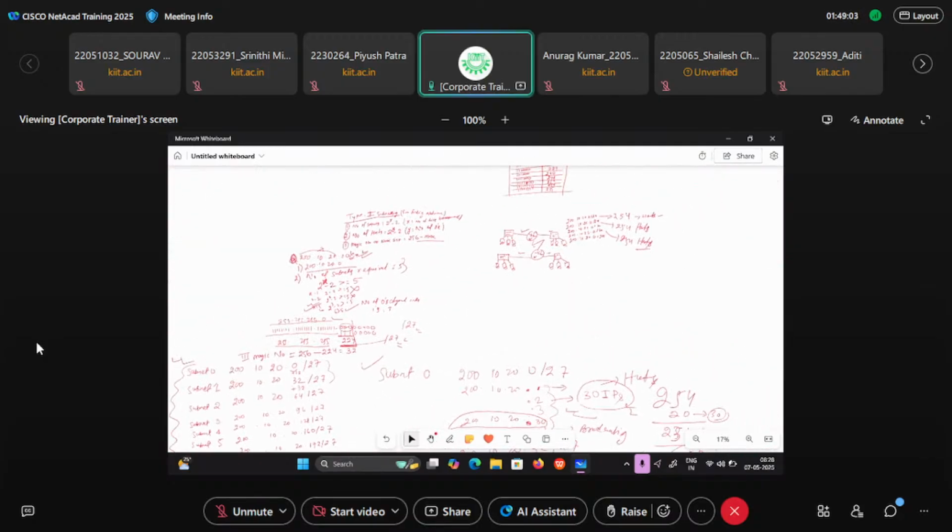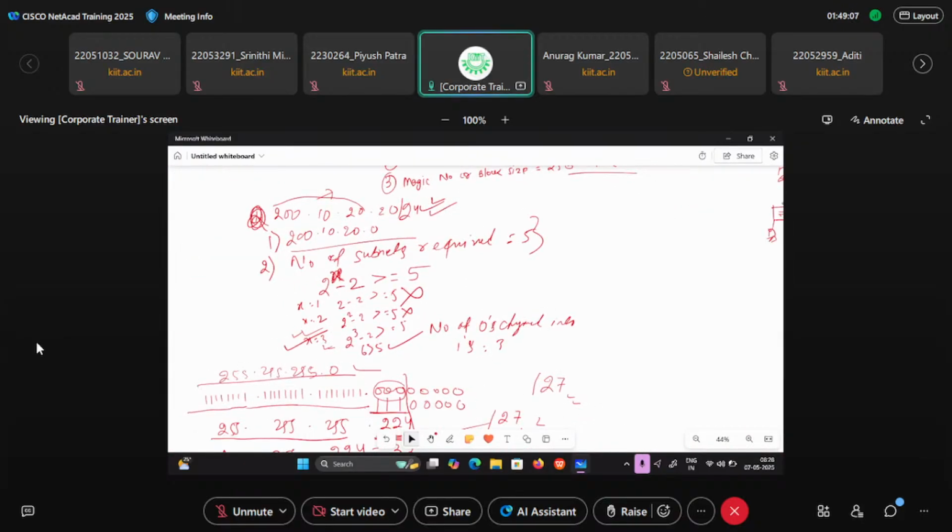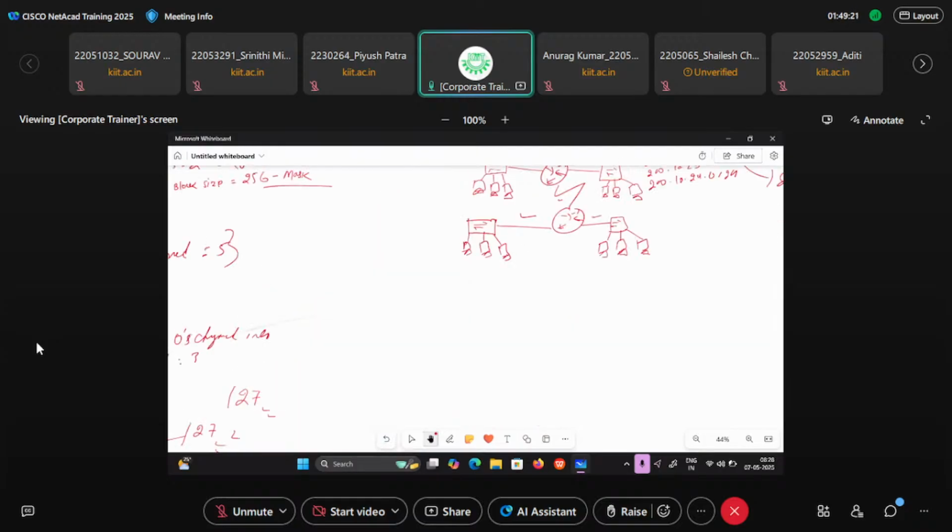There are two types of subnetting used in the computer network. The first one is based on the number of requirement of the network, and the second is number of requirement of the host.